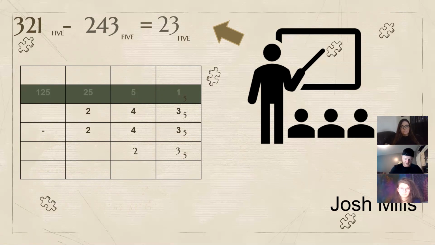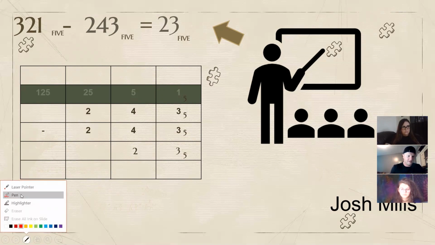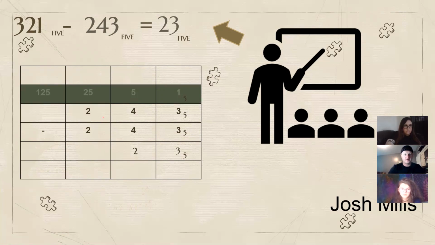Apologize. I'm gonna do this right here. I think when we converted it to Google Slides, it messed it up. So you had 321 and you have 243. And so what you're gonna do is in this section, you're gonna borrow from the 2. So you would line them up like normal subtraction. And if you could draw that out for me at the bottom, that'd be great. I don't know how to. Just cross out the 243 on the top, or no, go ahead and just write it out.